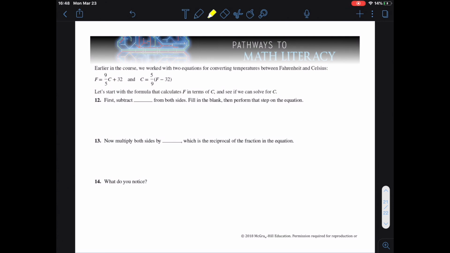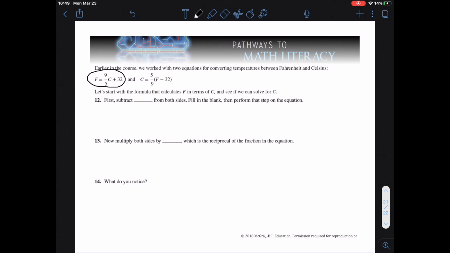We had F is equal to 9/5 times C plus 32, and the second equation, which was C is equal to 5/9 times (F minus 32). F stood for degrees Fahrenheit, C stood for degrees Celsius. So we're going to start with a formula that calculates the degrees Fahrenheit in terms of the degrees Celsius.